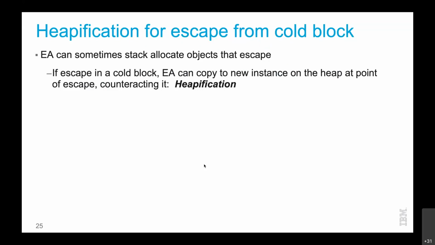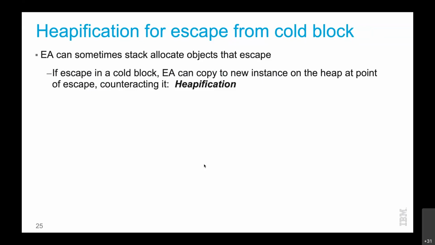If the escape of an object actually happens in such a segment of code, escape analysis can still decide to stack allocate the object, and it can mitigate that escape by doing something called heapification, which is allocating a new instance of that object on the heap at the point where it's actually escaping.